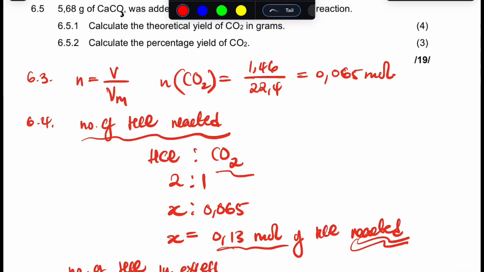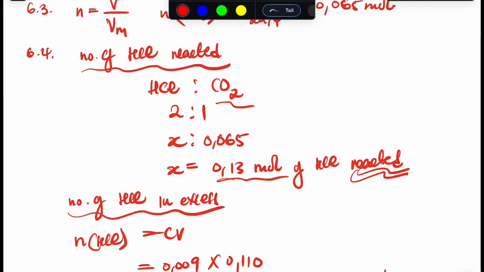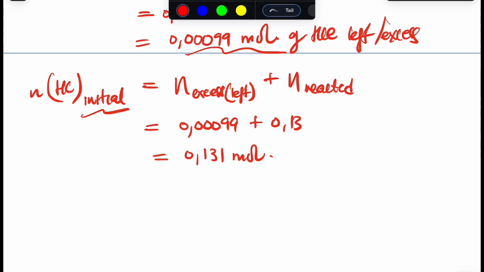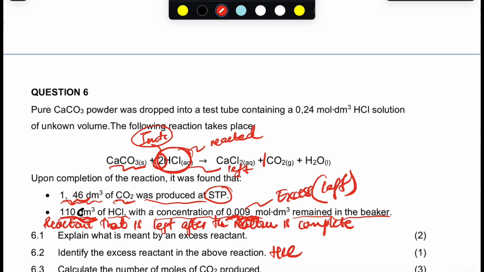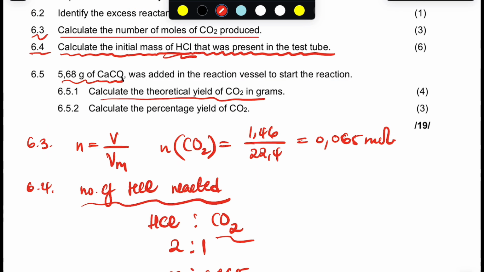The way you're going to do this, guys, is 6.5.1. To get the theoretical yield, we have to convert this amount into number of moles, and we'll do the mole ratio of that.